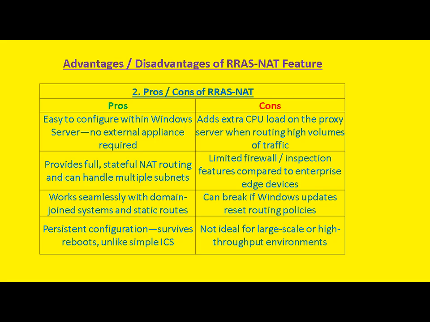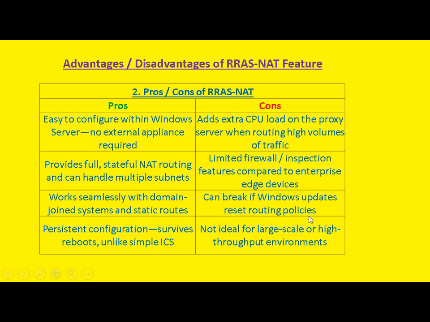Otherwise, if the internet connectivity is wide open, it might be a vulnerability, because RRAS and NAT itself is not monitoring any particular internet rule. It will just give you internet connectivity, all open. Then it can break if Windows updates reset routing policies.